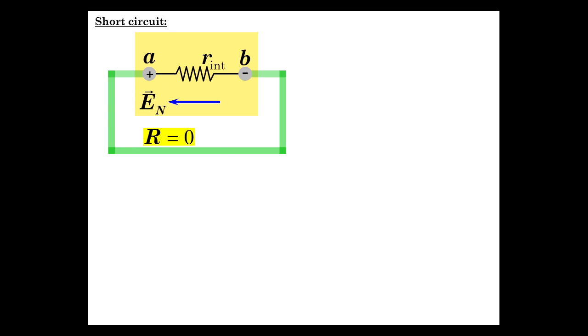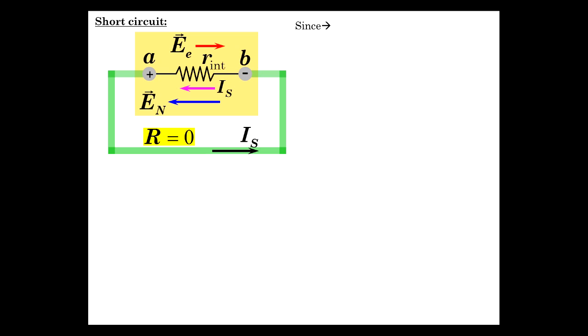Now we have the non-electrostatic E field, characteristic property, and from charges here we have an electrostatic E field as shown, and short circuit current, which is passing through this internal resistor. All right, so that's also going through the external circuit of zero resistance.